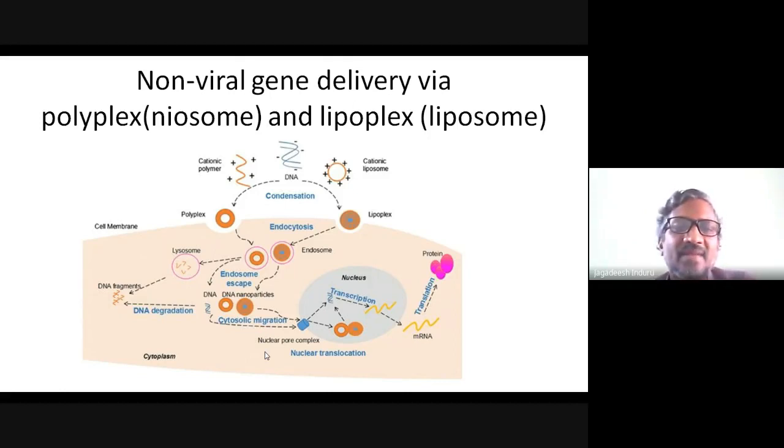Sometimes what will happen is that the lysosome attack will be avoided, and then we will have endosome escape. So they will have the DNA nanoparticle, and after that they liberate individual DNA. Sometimes they will be fragmented outside as DNA, whatever we have loaded there, and that DNA again will have a problem with these enzymes.